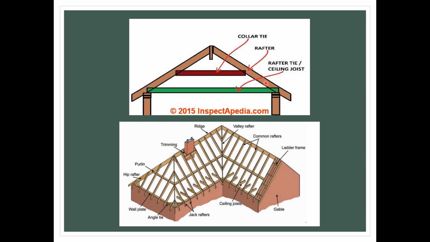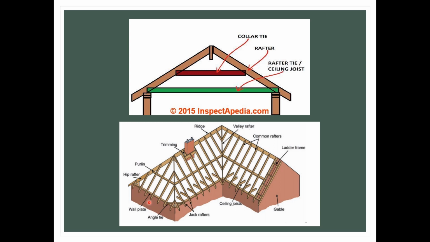Okay, this one is rafter. To connect both rafters, the name of this component is collar tie. You have to remember this one. Okay, this is another diagram. The lower part is the wall plate first.